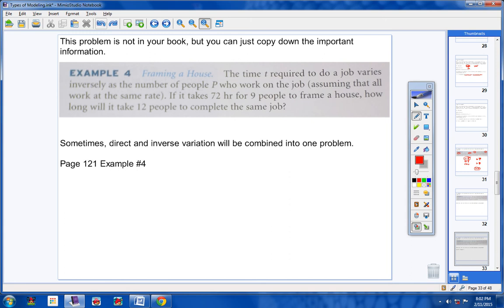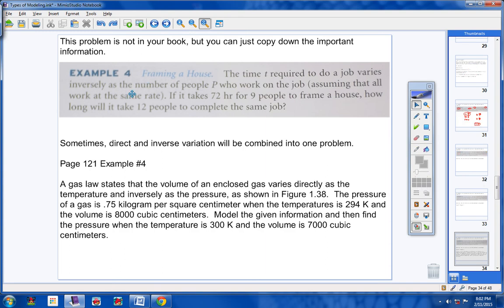Alright, here we go. Hold on one second, my pen is not working, there we go. A gas law states that the volume of an enclosed gas varies directly, key phrase, as the temperature, and the volume varies inversely as the pressure. That'll be interesting, as shown in figure 1.38.